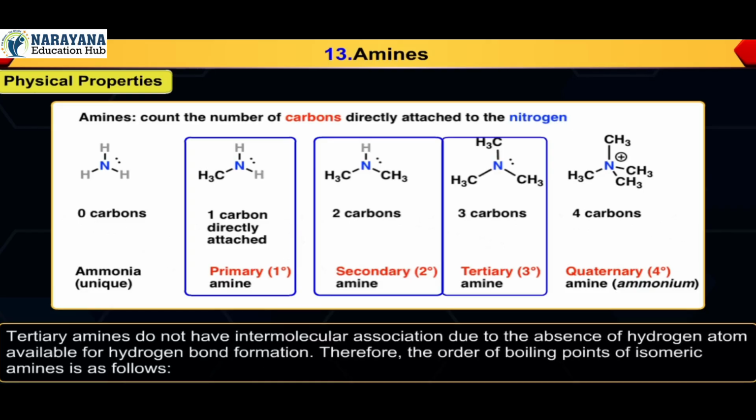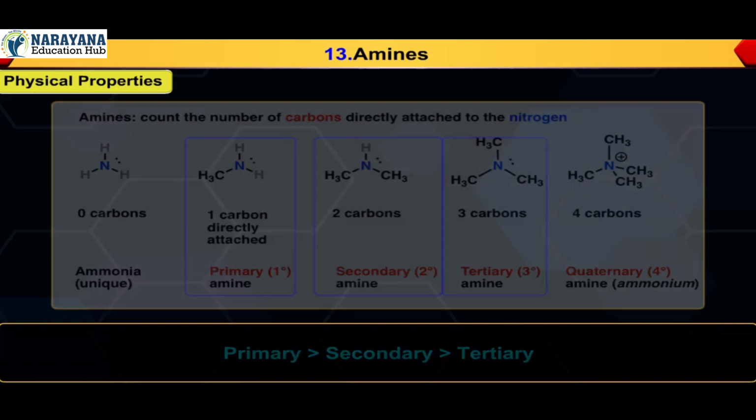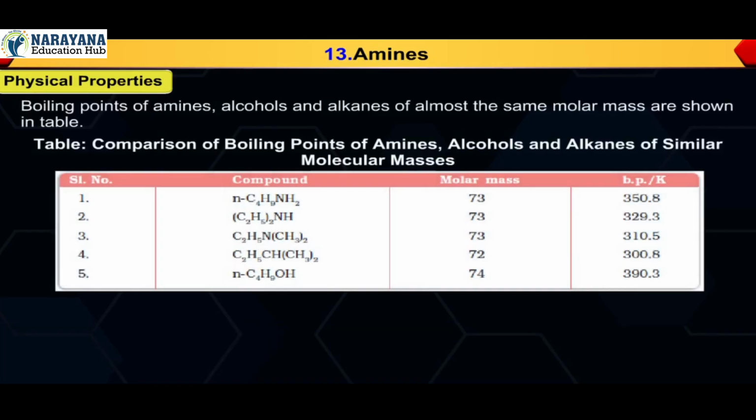Tertiary amines do not have intermolecular association due to the absence of hydrogen atom available for hydrogen bond formation. Therefore, the order of boiling points of isomeric amines is as follows: primary > secondary > tertiary. Intermolecular hydrogen bonding in primary amines is shown in the figure. Boiling points of amines, alcohols, and alkanes of almost the same molar mass are shown in the table.